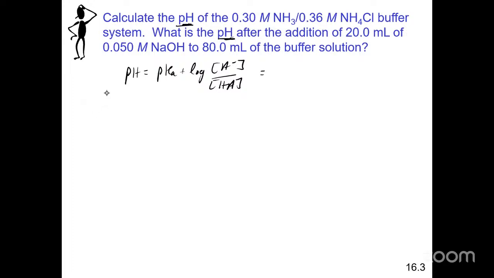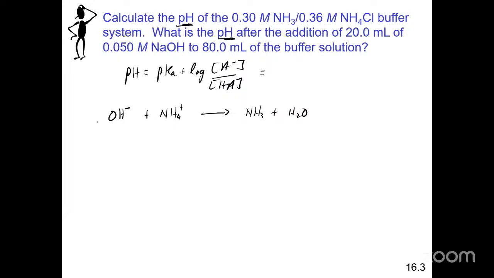So the base is the sodium hydroxide, so the hydroxide ions from the sodium hydroxide will react with the acid part, which would be the NH4 plus of the buffer. So when this reaction takes place, you're going to end up with ammonia plus H2O.